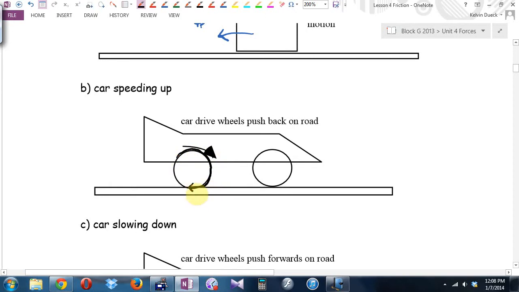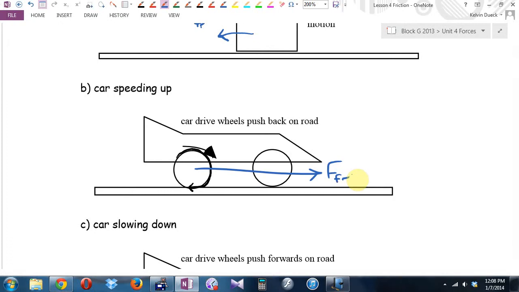Right where the tire meets the road, the tire is actually pushing backwards. And now Newton's third law, forces come in pairs, kicks in. The tire pushes backwards against the road. What does the road do? Push forwards against the tire. And what force is that? That would be the force of friction. For a car going forwards, it's friction that pushes it forwards.